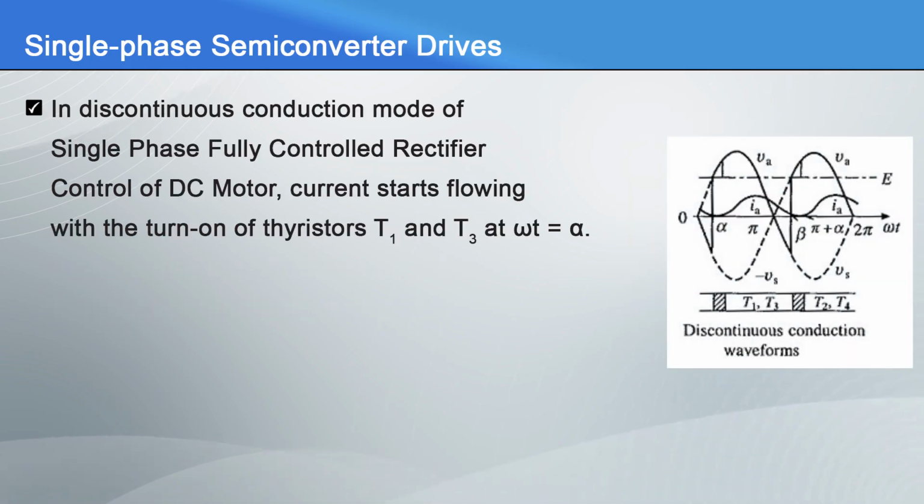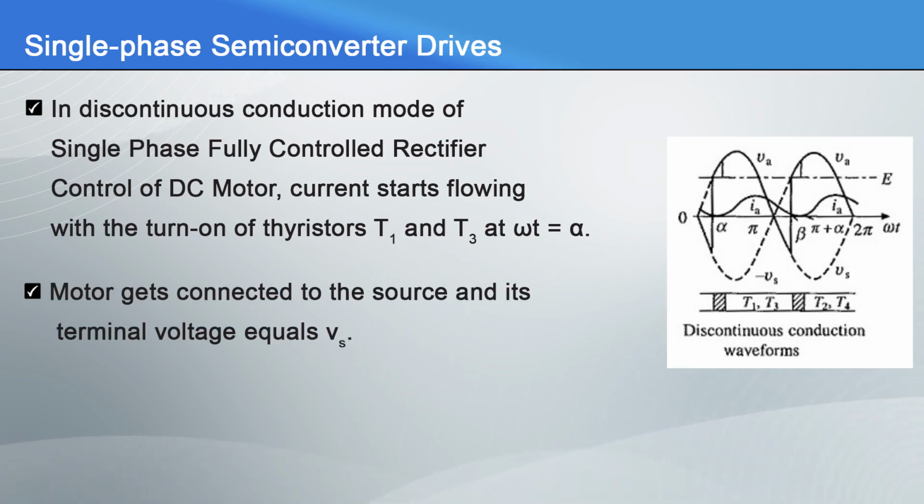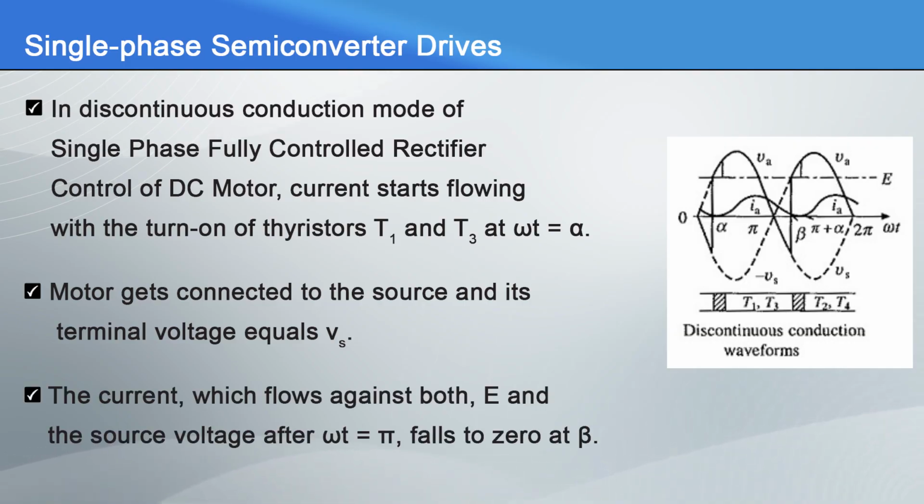In this mode, the current starts flowing with the turn on of thyristors T1 and T3 at omega t equal to alpha. The motor gets connected to the source and its terminal voltage is equal to Vs. The current, which flows against both E and the source voltage after omega t equal to pi, falls to 0 at beta.